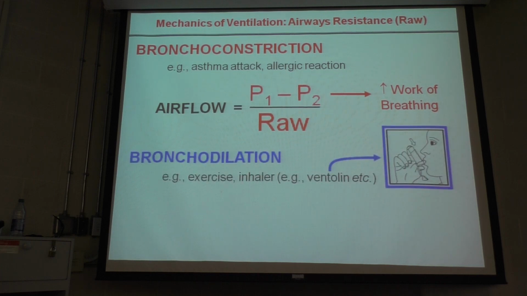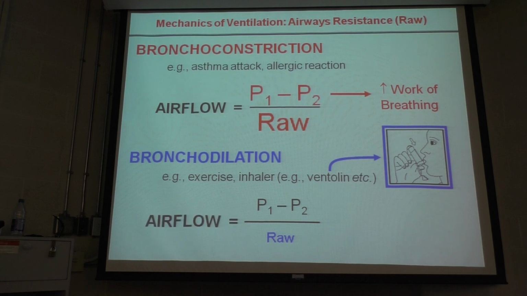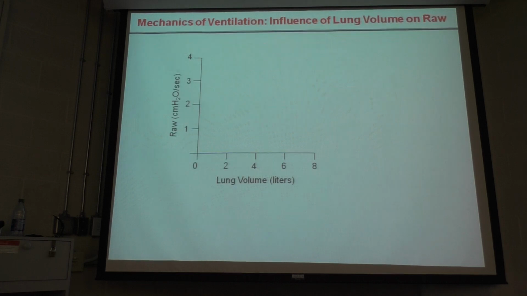If you do the opposite, if you dilate the airways in the setting of a reduced airway resistance or an increase in airway conductance, you can maintain the same rate of airflow into and out of the lungs by getting away with less need to generate respiratory pressure. And therefore you have a lower work and oxygen cost of breathing. So, that is a recap from the end of the last class.